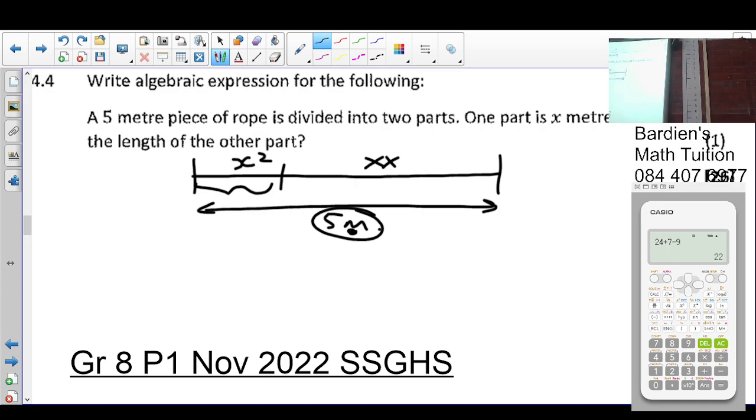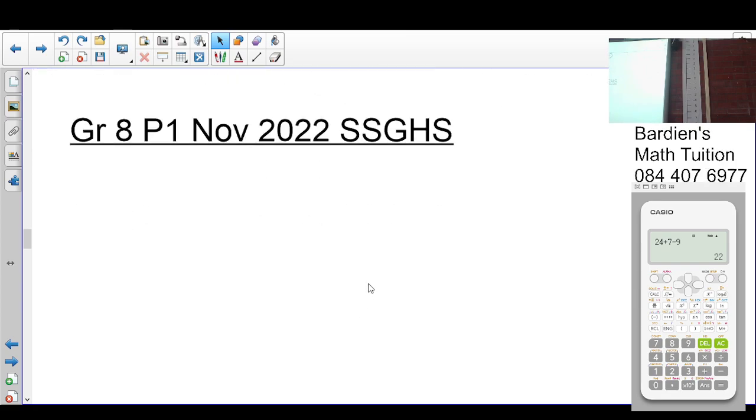So if this is 5 and this was 4, then how much should that be? So how do we get that? We say 5 minus whatever value is here. So therefore the other piece is going to be 5 minus x. Okay, meters. Fairly simple.